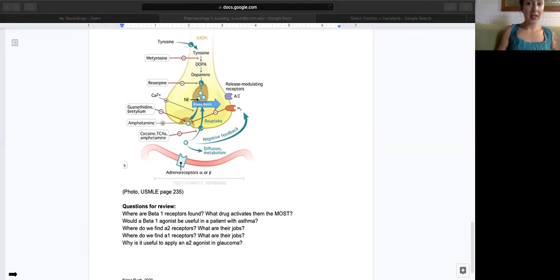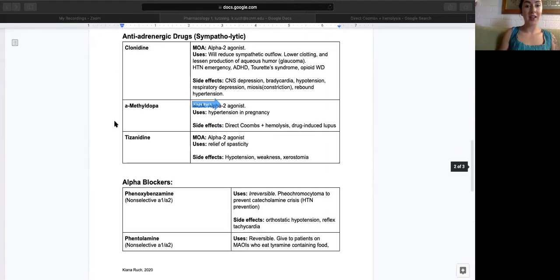Our blood pressure is going to get really low because we're really dumbing down that sympathetic response. That's why we're getting hypotension, orthostatic hypotension. Alpha-2 drugs can be good, they can be bad. Luckily, most people have problems with hypertension and not hypotension.